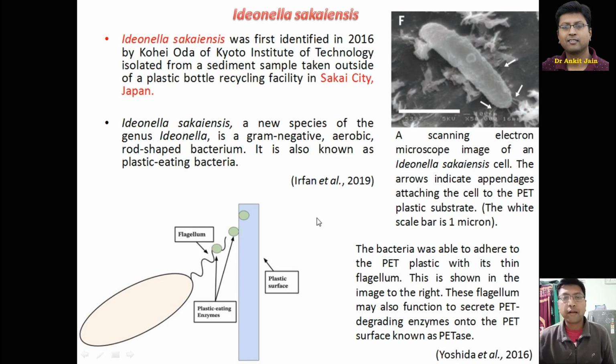So, recently there is one bacterium, Ideonella sakiensis. It was discovered in Sakai City in Japan in 2016, and it is also known as the plastic-eating bacterium. This bacterium produces its enzyme, with the help of flagella, and this enzyme is the PETase enzyme, which works on the plastic film.